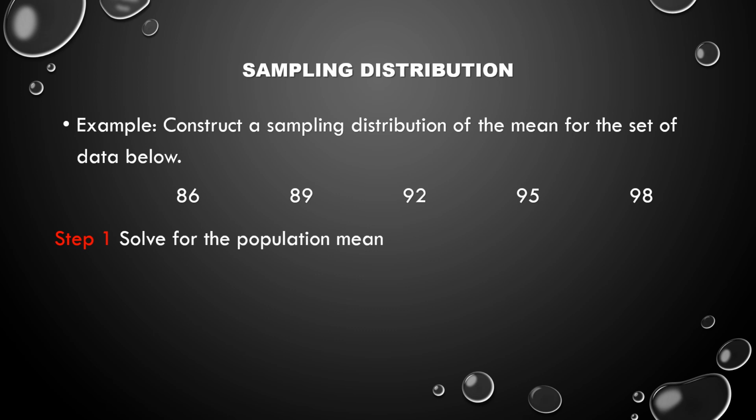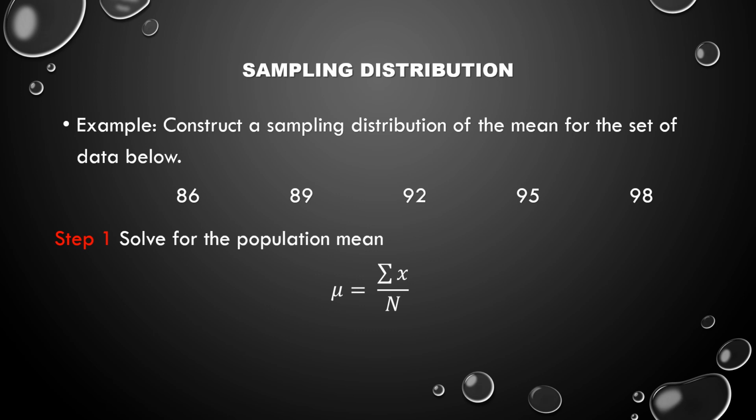So let's calculate our population mean. This is similar to getting the average of those values. We have that as mu, the symbol for the population mean.